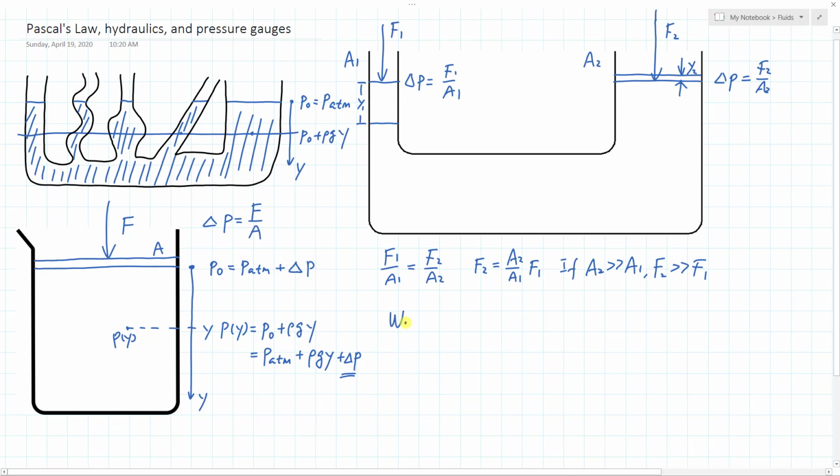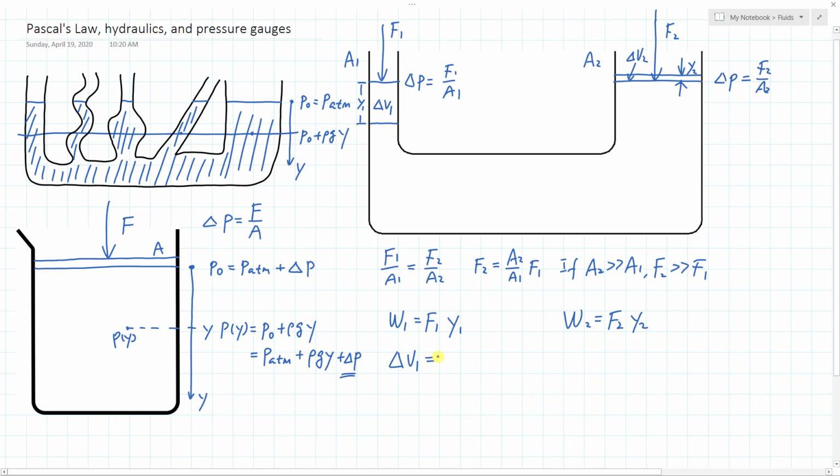So work done by force 1 is F1 sustained over a displacement of Y1. And on the right side, work received, W2, is F2 times Y2. We also know the volume: this volume here is delta V1, and this teeny amount is delta V2.